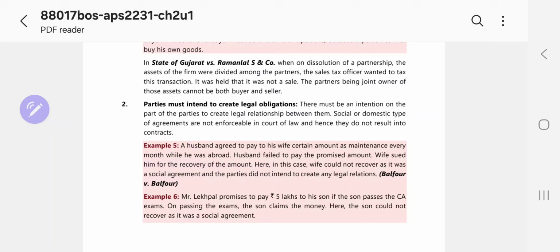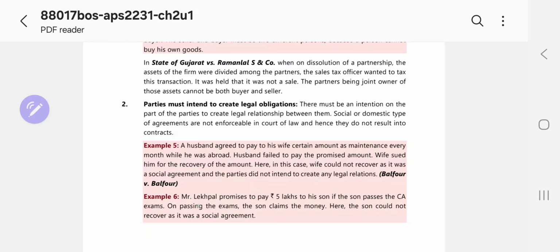It is not called a legal relationship between husband and wife, but a social relationship, and it is not a binding contract. Okay, so in order to become a contract, there should be a legal obligation or legal relationship between the parties.